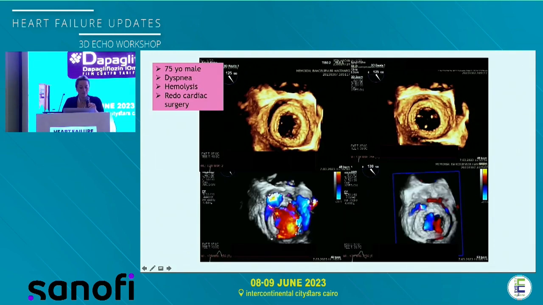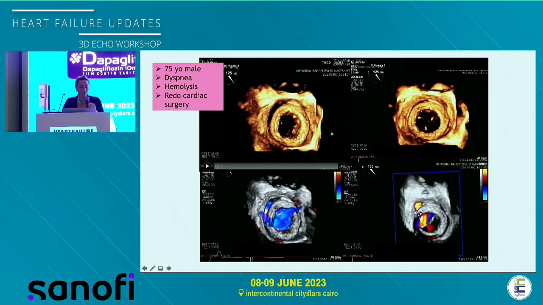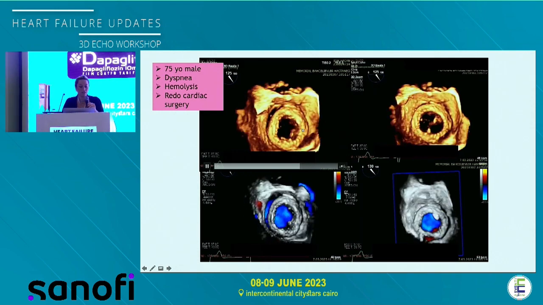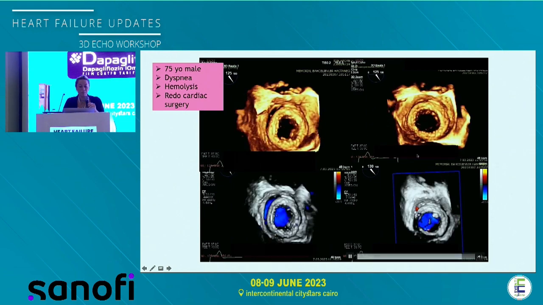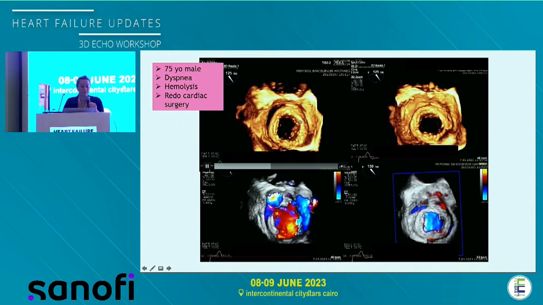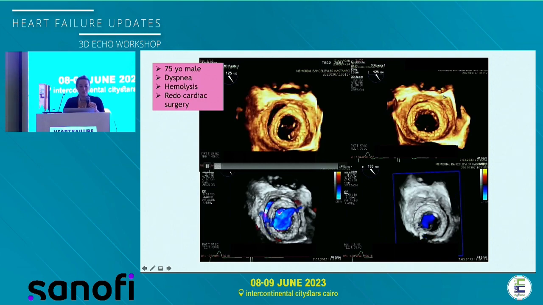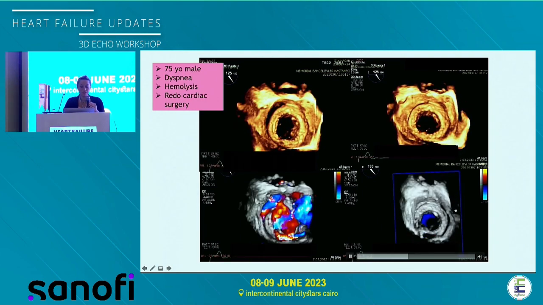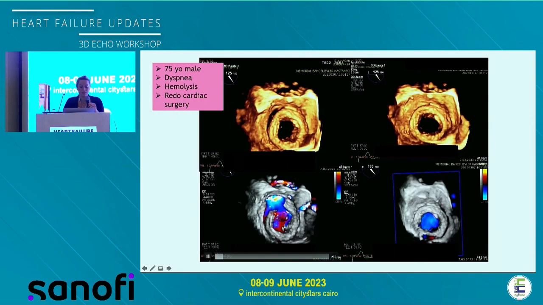And here there is an example. This patient was a 75-year-old male with dyspnea, hemolysis, and prior cardiac surgery. You can see the crescent-ring defect here, but when you tilt the valve, you will see that. When it is like that, we see with the color Doppler only a small regurgitant jet.